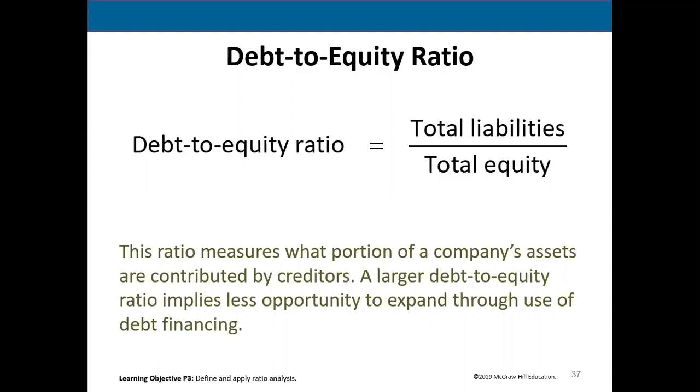So for every dollar of equity, there's $1.80 in liabilities. The industry average is 0.6. We've already talked about this. Apple is very leveraged. So it has a lot more in debt that has purchased their assets than equity.